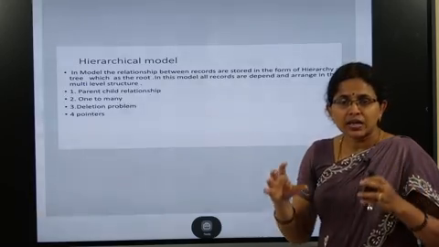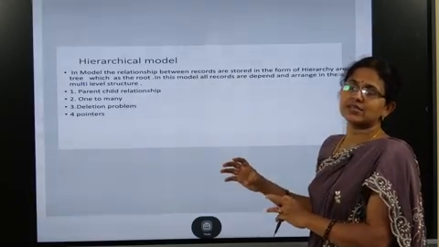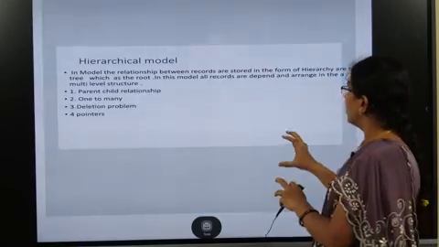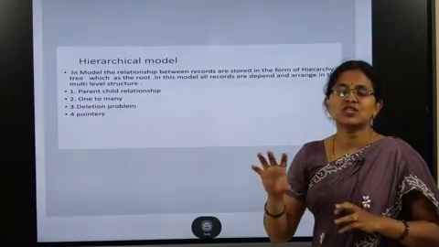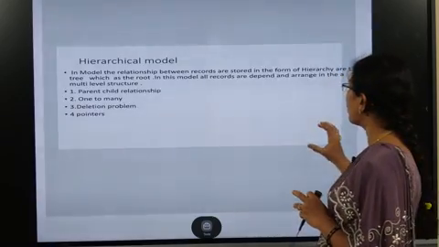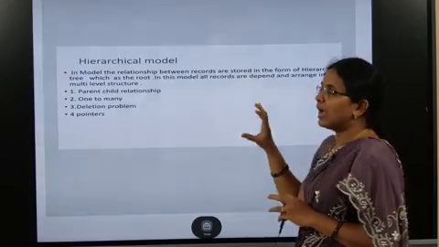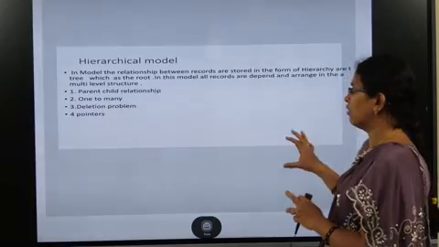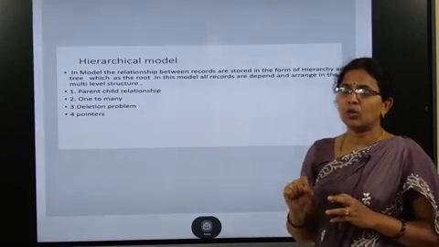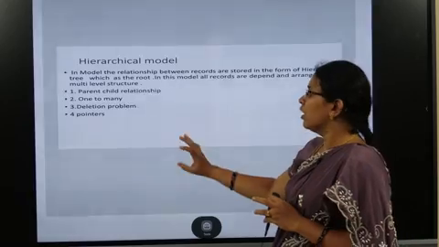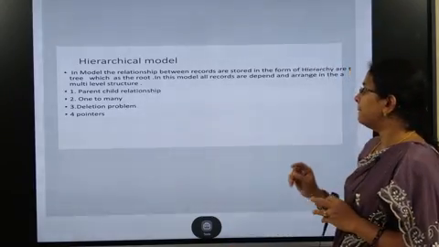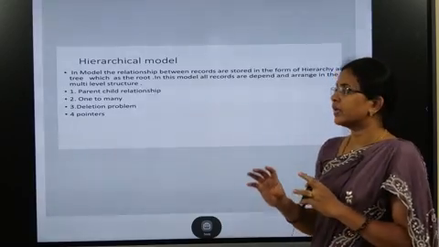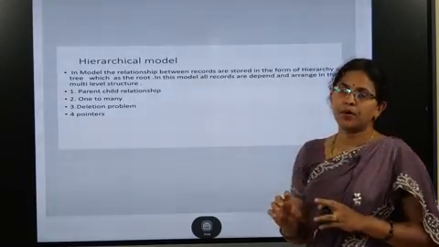Here also we define the relationship among different records based on a tree model. That's why we call this a hierarchical model, and it is also called a multi-level structured model. In this, you have to understand four main things: parent-child relationship, one-to-many relation, deletion problem, and pointers.